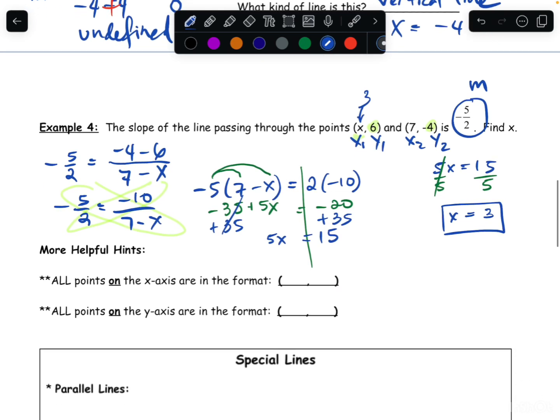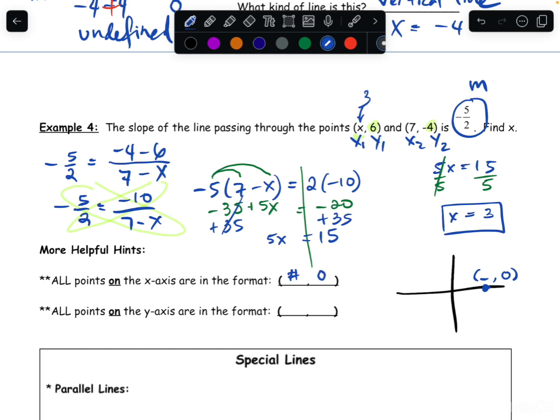Now, next part is, all points on the x-axis are in the format. So again, if you have your axis right here, and let's say we have a point on the x-axis, whatever number that is, the y is always a 0. So some number and y is 0.